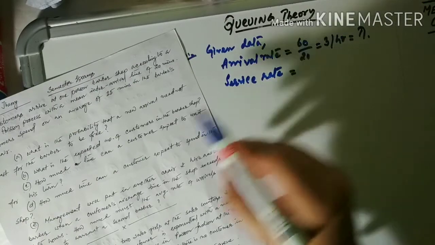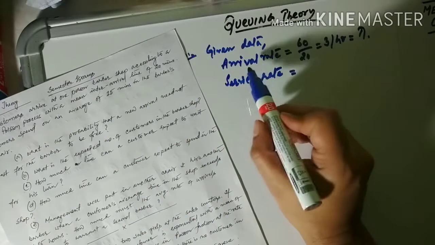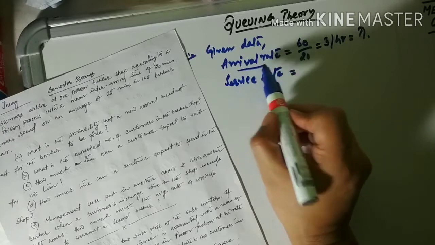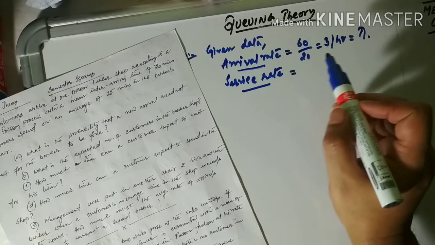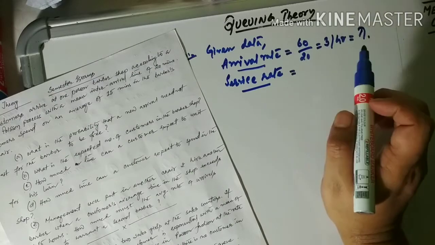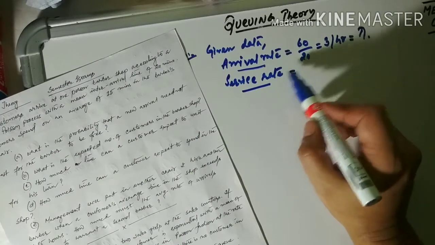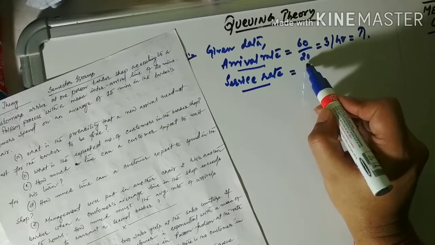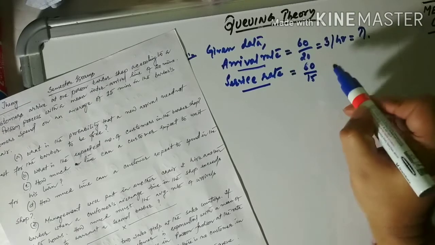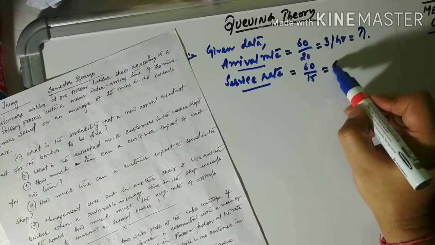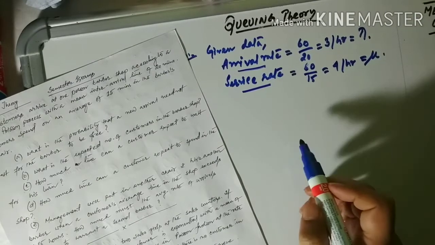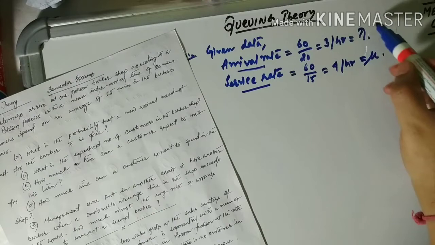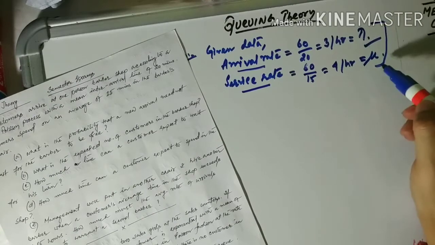Now to convert it into per hour, as I earlier told you, whenever you receive data on arrival rate and service rate in any unit other than hour, you have to convert it into hour. So 15 minutes service rate, that is 60 by 15, gives you 4 per hour, and that will be your mu. So we have got two main data, that is lambda and mu.